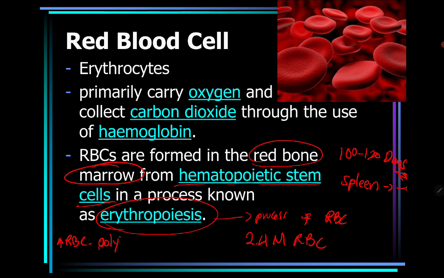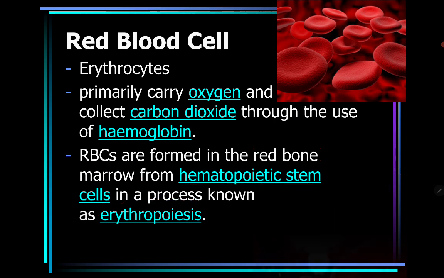Poly means many. So if there is more than the normal number of RBC, it's polycythemia. And if there is a low number of RBC, that is, of course, anemia. Okay? So that's for the red blood cell.